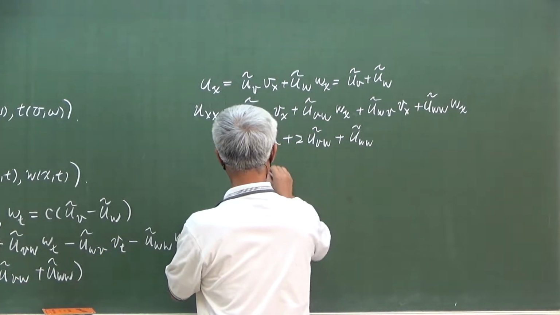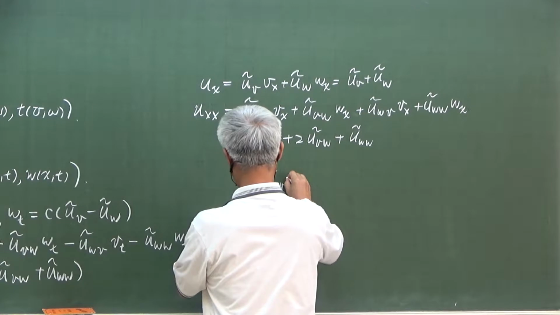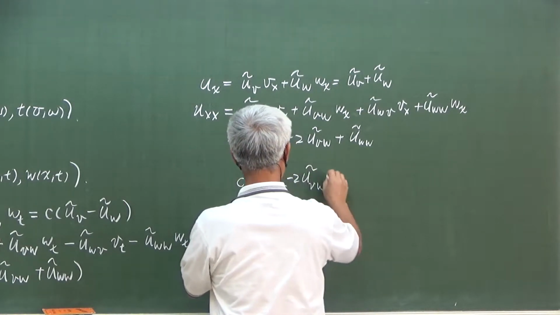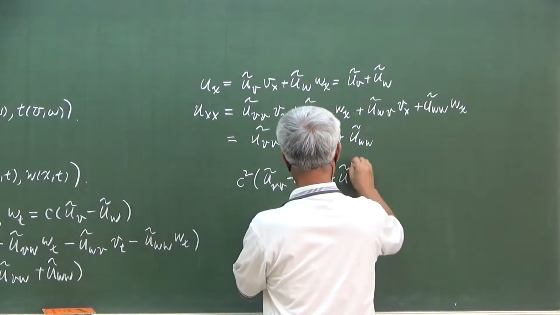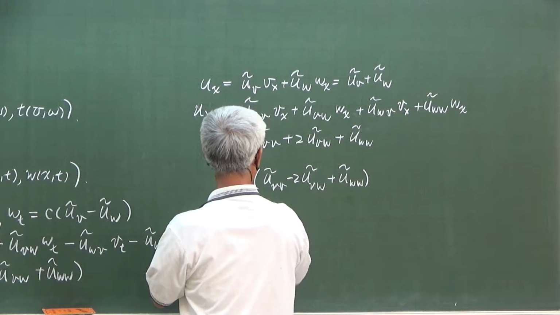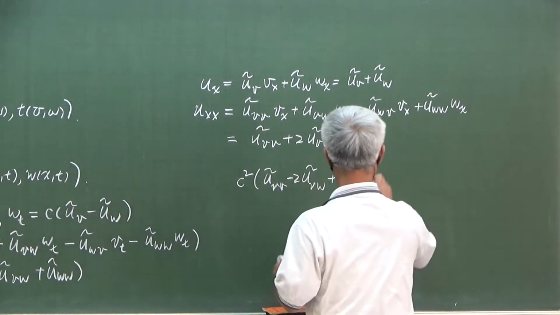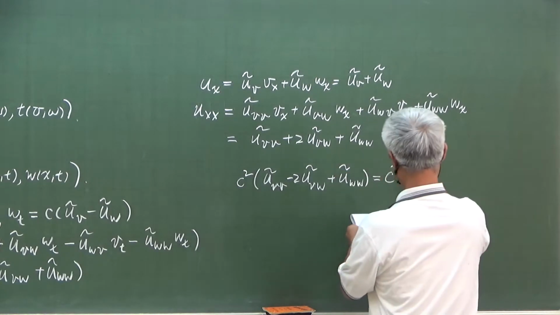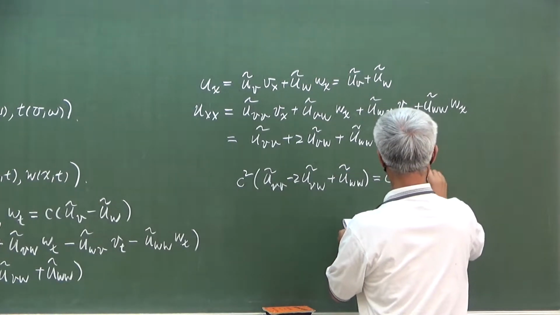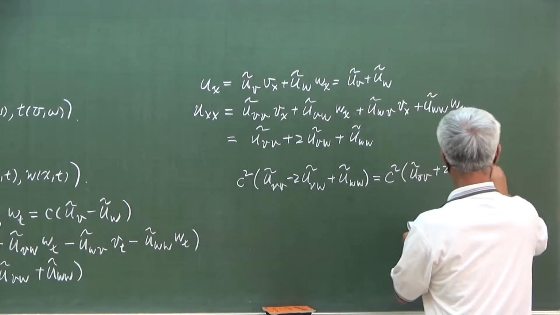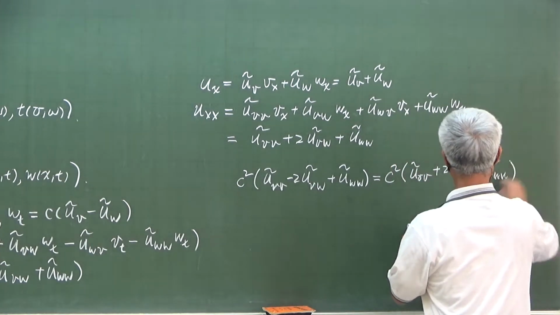And u_vv minus 2 u_vw, okay, equal to c squared here u_vv plus 2 u_vw plus u_ww.